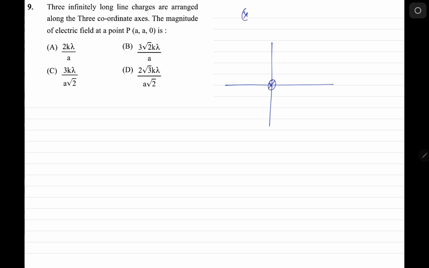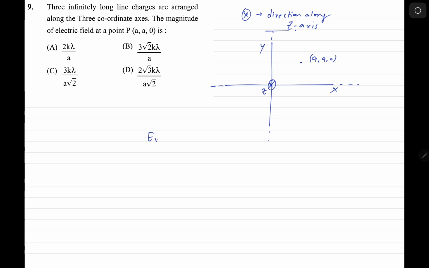Cross represents the direction along the z-axis, just a way of representing in a two-dimensional plane. Now we have these wires here, all of infinite length. The point is here a comma 0, which is in the xy plane. So first of all, the electric field due to the x, so this is x, this is y, this is z.